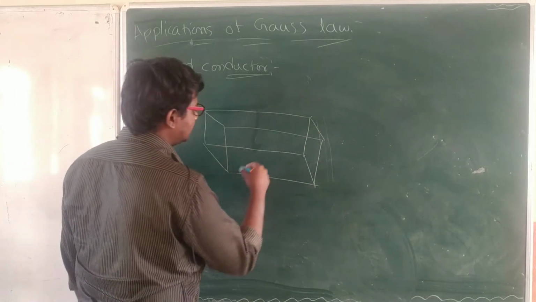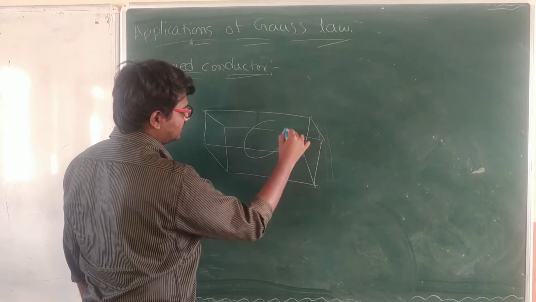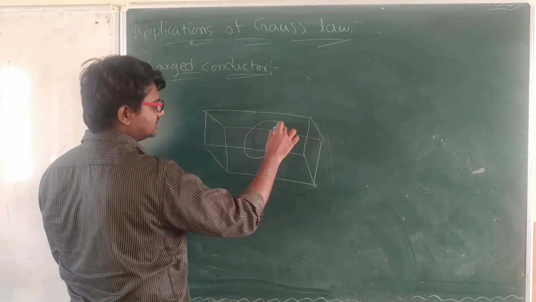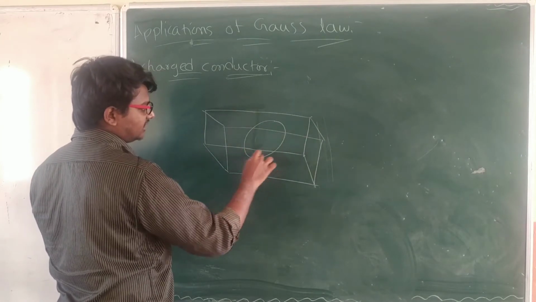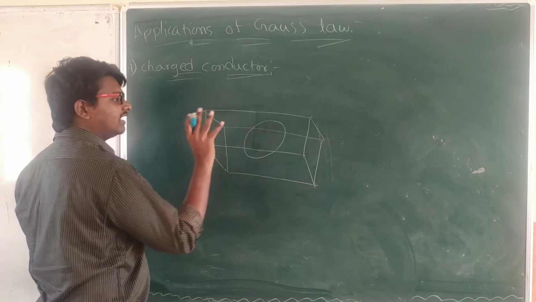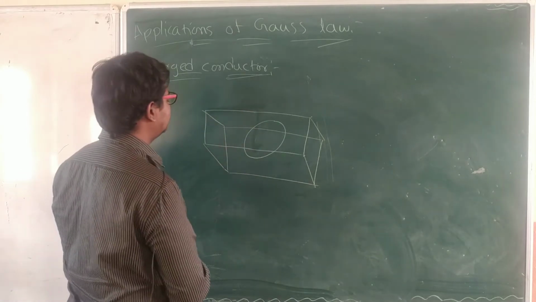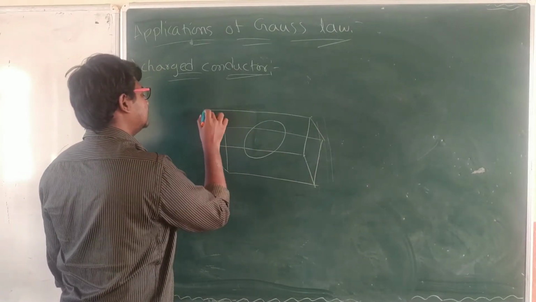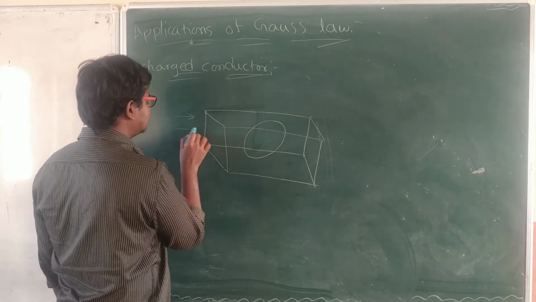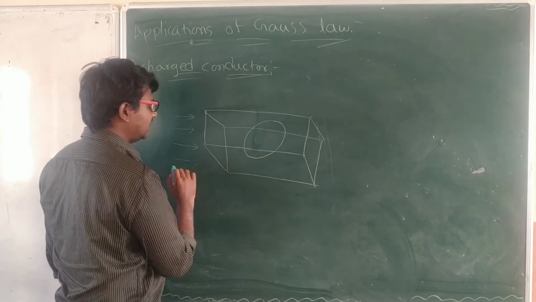Like this, and inside we are considering a Gaussian surface. In this area we have removed the mass, in the shape of an egg. We have removed some mass here.